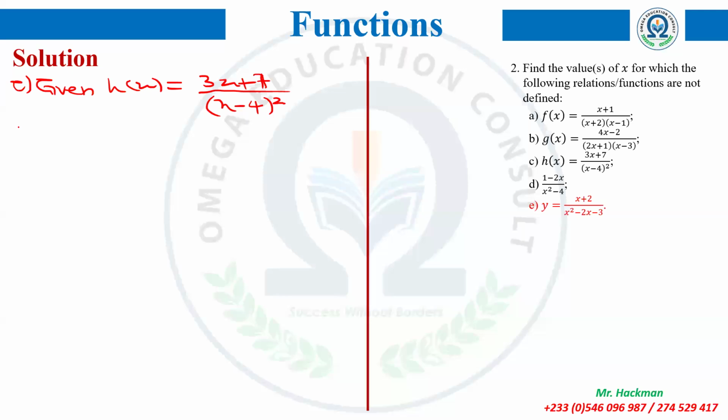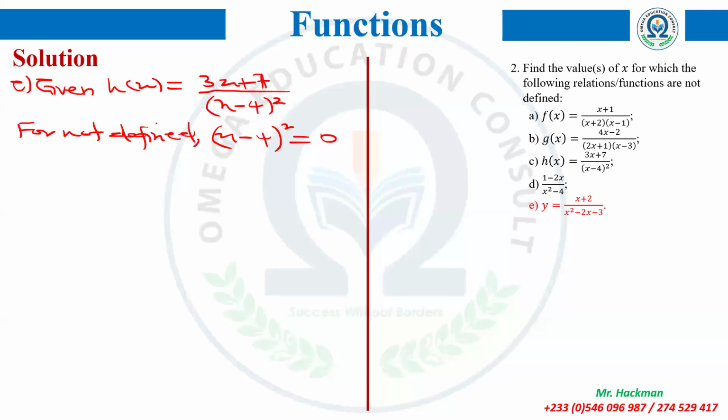Now, if for nothing at all, this one we should all be able to write. So for not defined, the denominator, which is x minus 4 all squared, should be set to 0. So as for this step, we should all get it right. Is that clear?